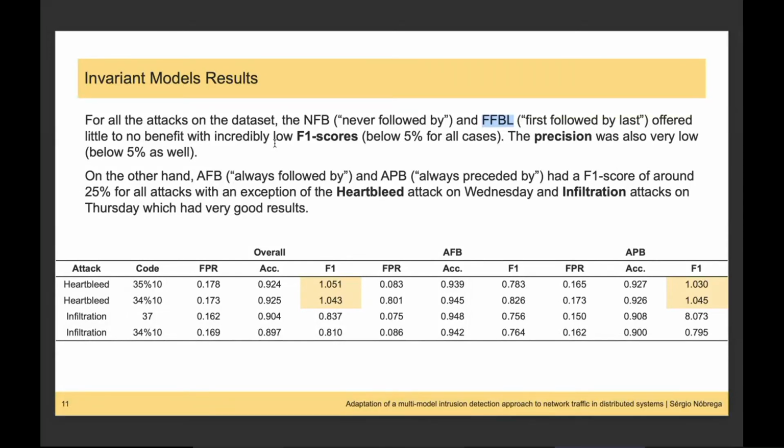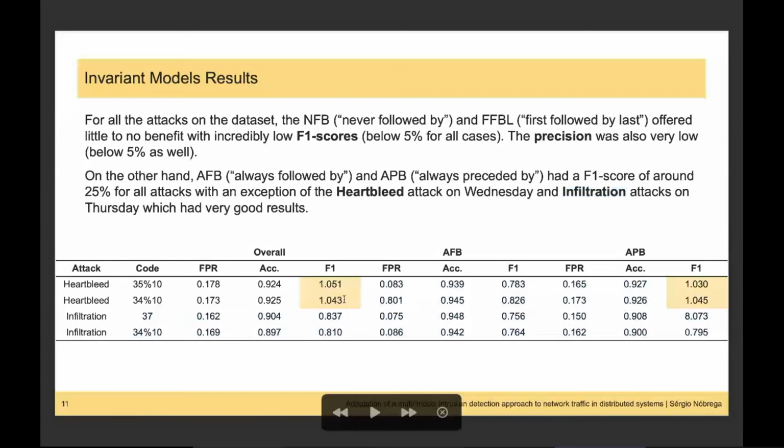On the other hand, the AFB and APB have had better results. For the F1 score, it was around 25, which is still very bad, with the exception of the Heartbleed attack and infiltration attacks. Heartbleed was on Wednesday and infiltration on Thursday, which had very good results.